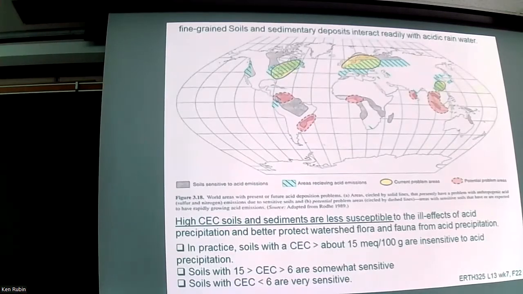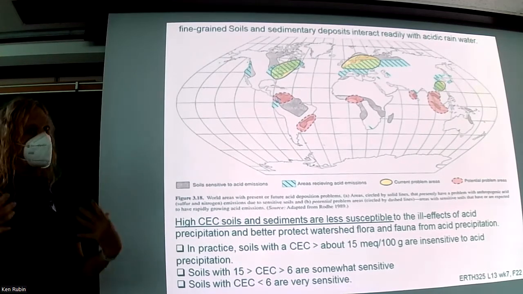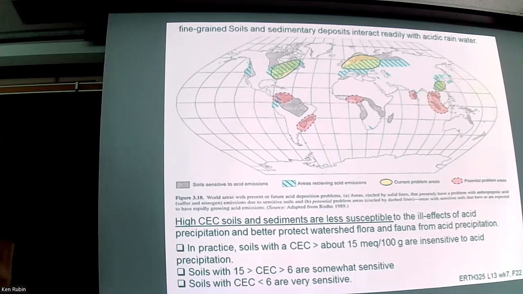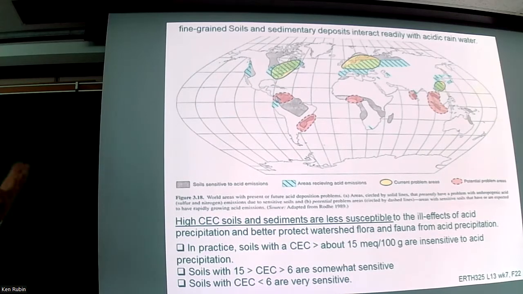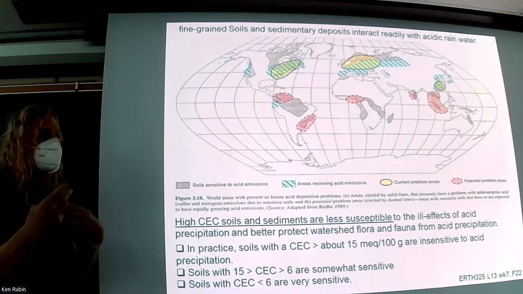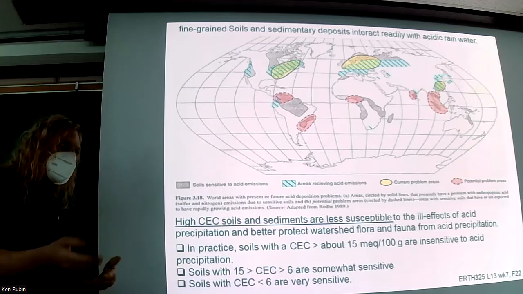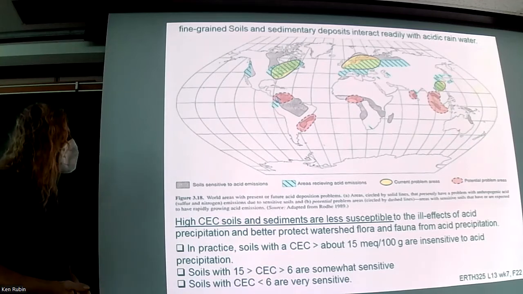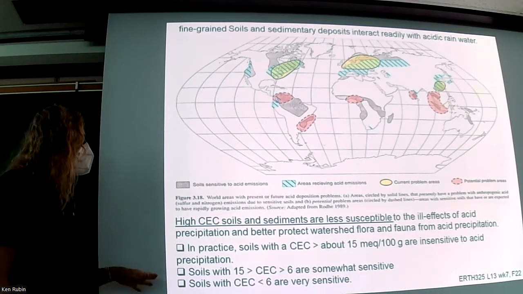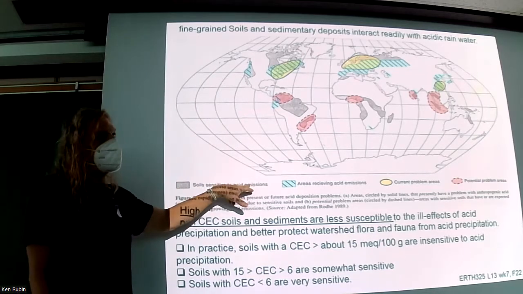So for instance, think about acid as a source of cations to soil, right? Those hydrogen ions can displace other cations like potassium or ammonium, which soil-dwelling organisms, especially plants, depend on as part of their nutrient supply. This is a map showing areas where soils are sensitive to acid emission.